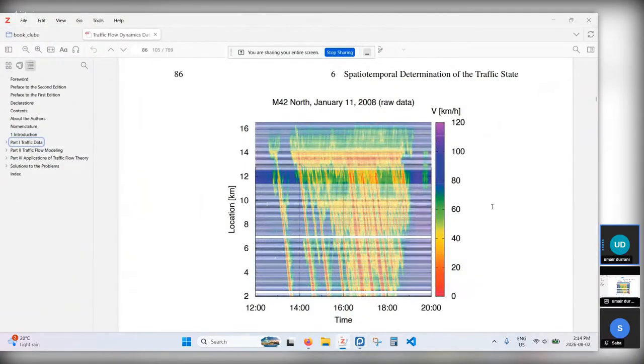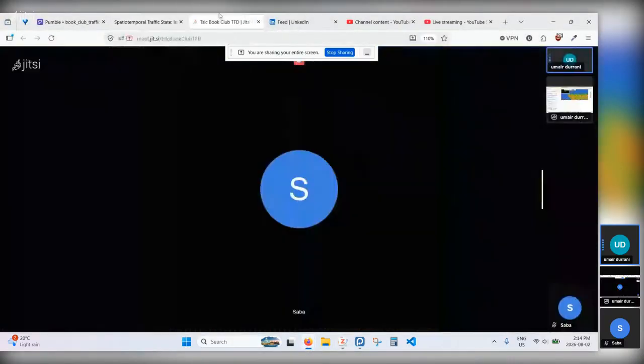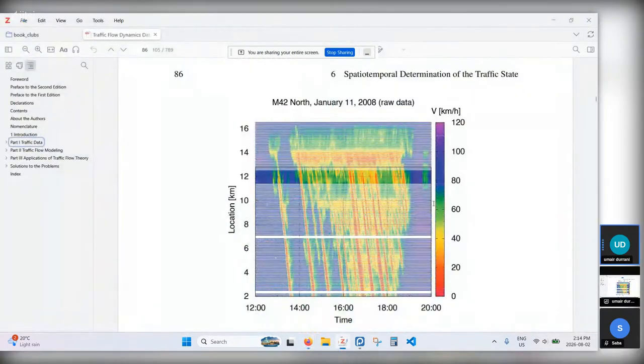Now, how do we validate this estimation of the speeds? Because we have created a speed field, but how do we validate it? So one way to validate it is to actually put multiple detectors on the field. So here they have taken detectors and put them on every 10 meters in this figure.